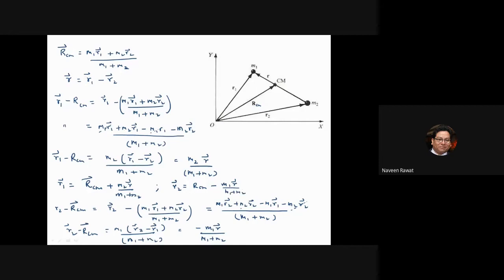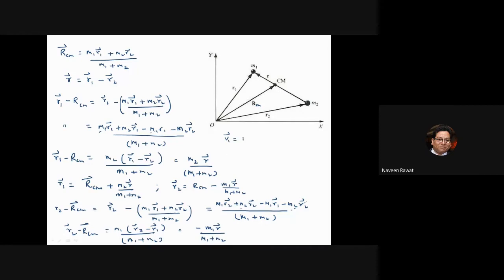Okay, so I have my two expressions for R1 and R2 in terms of the position of the center of mass and your coordinate system R. Once I have these terms for R1 and R2, you can get the terms for velocity. Velocity V1 will be just the derivative of this.